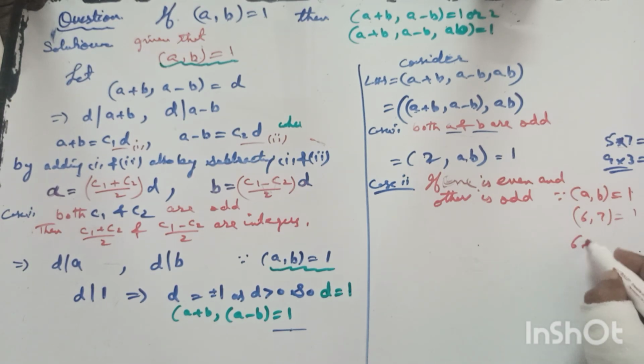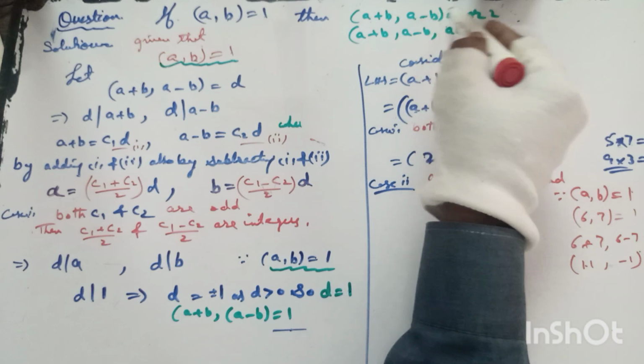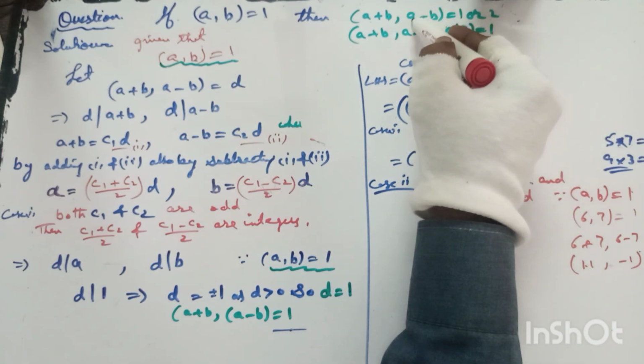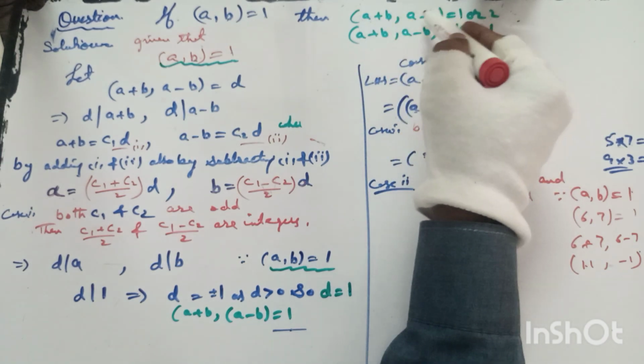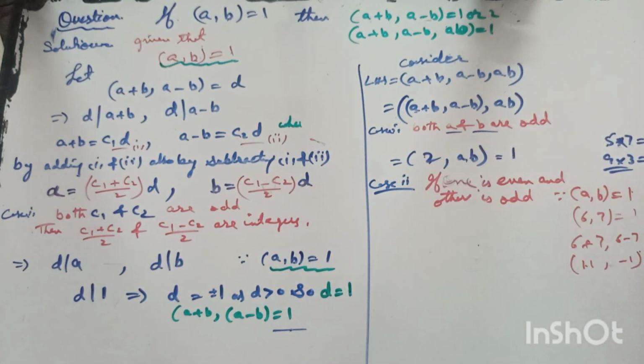Then their sum and their difference is an odd number, having an odd greatest common divisor. We have here two answers for these two numbers, 1 or 2. If a plus b and a minus b are odd, then the answer must be 1.